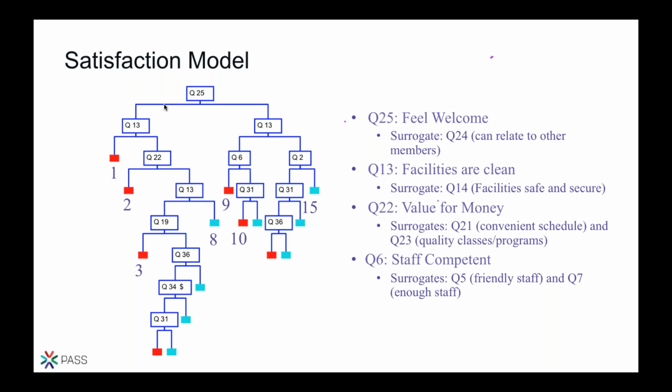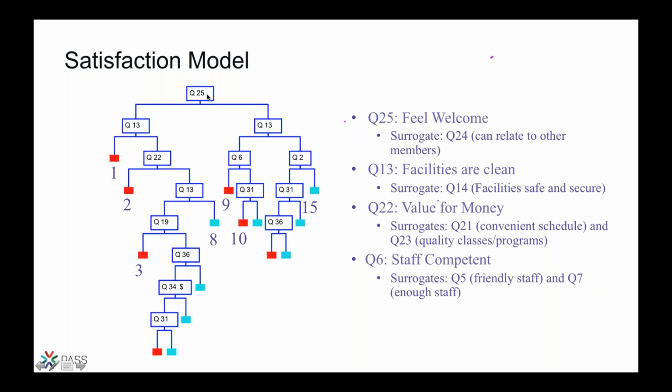And it picked feel welcome equal to 1 as the way to split. Now, it tried all 13 of them, and it assessed all 13, and the tree algorithm itself determined to pick feel welcome. That's the best way to split the data into subgroups. Bam, we split it. So now question 25 is done.